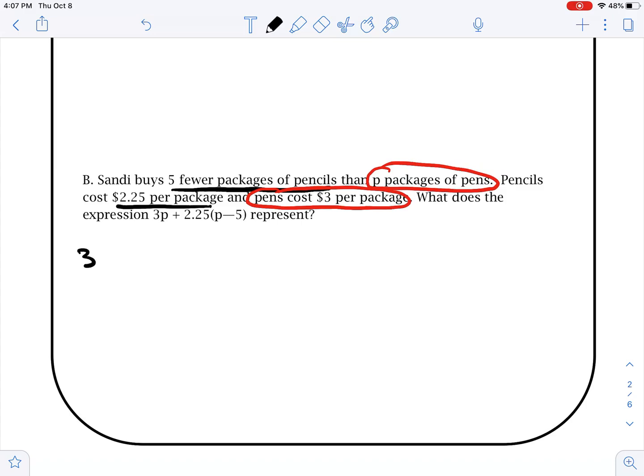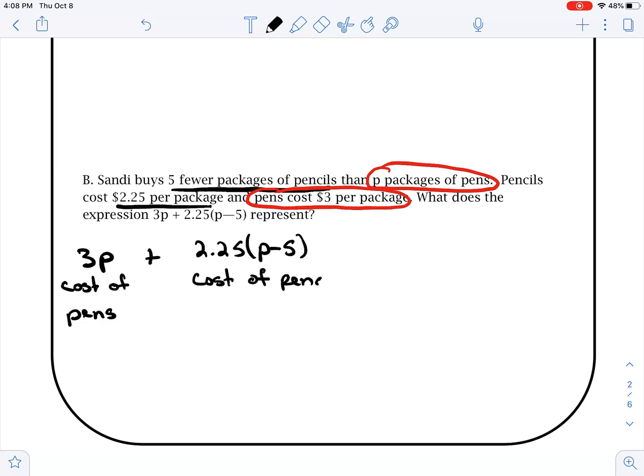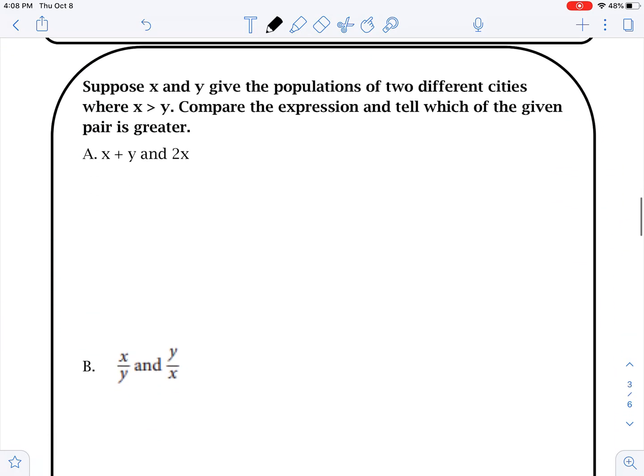So when I look at this 3P, remember P is the number of pens, so this is the cost of pens, plus $2.25, that's the cost of pencils. And then P minus 5, fewer, less than, so this is the cost of pencils. So that's what we're just identifying. Then together, that's the total cost between them.